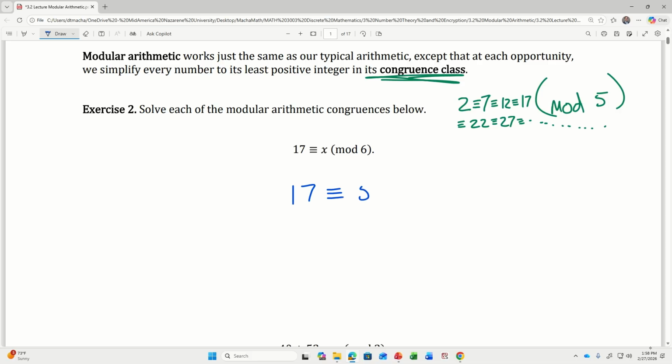Five. Five is also congruent to 11 and 17 and 23 and 29 and 35 and 41 and 47 and so on and so on. So there's infinitely many numbers in this equivalence class.